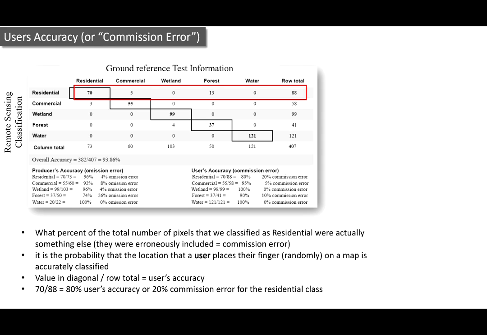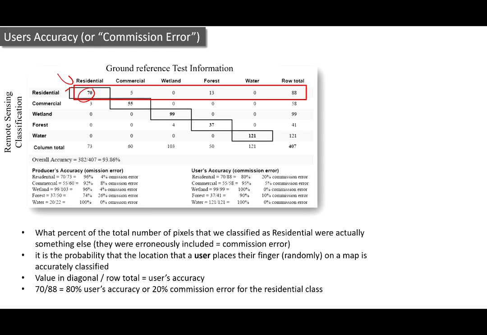And so this is where we have to deal with user's accuracy, or commission error. Commission means, instead of omitting, you're adding additional pixels that you shouldn't be adding to a given class. So in this case, we look across the rows and we say, okay, 70 residential were still correct, but what else did residential map?